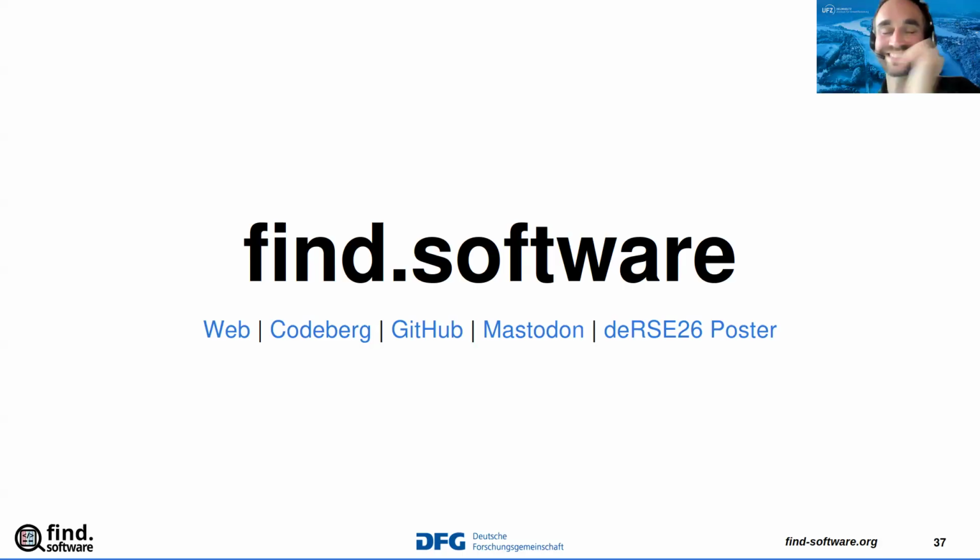As somebody who did development work, to me, software is software and data are data. They're not the same, but a lot of places will merge them together. SWMath is also in re3data.